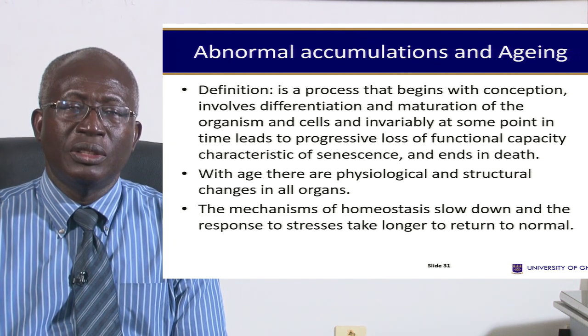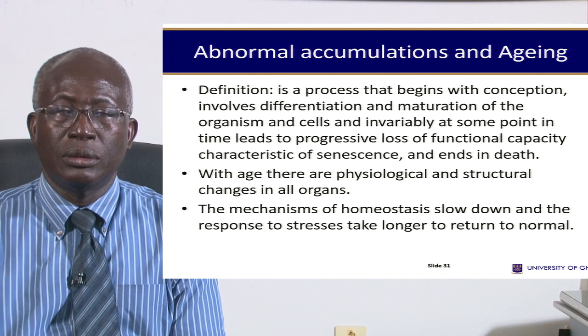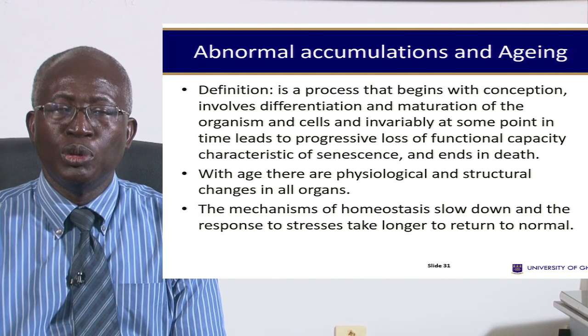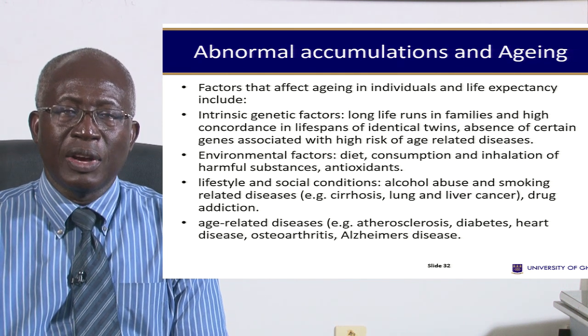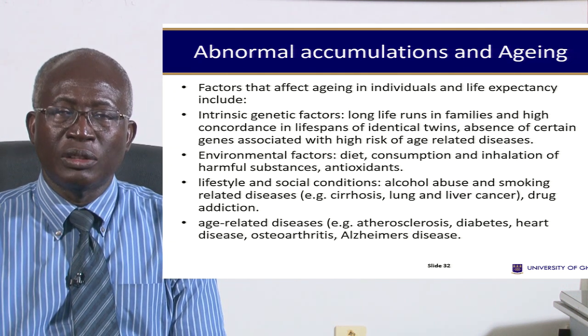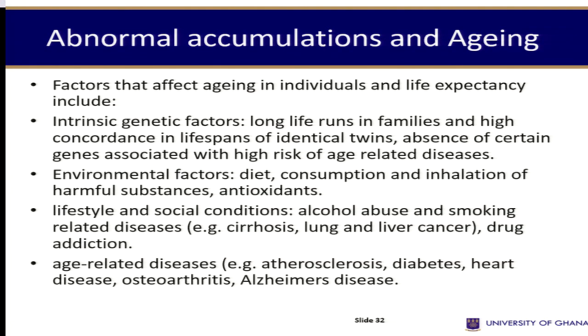With age, there are physiological and structural changes in all organs, and the mechanisms of homeostasis slow down. Factors that affect aging in individuals and life expectancy include genetic factors and environmental factors.